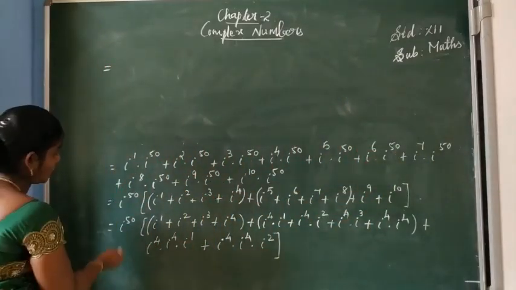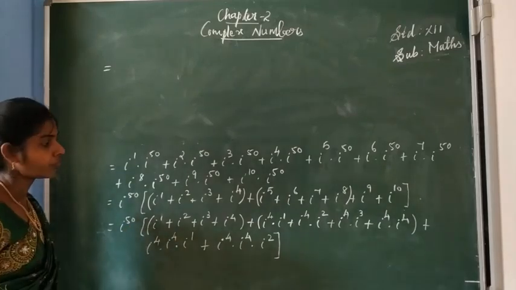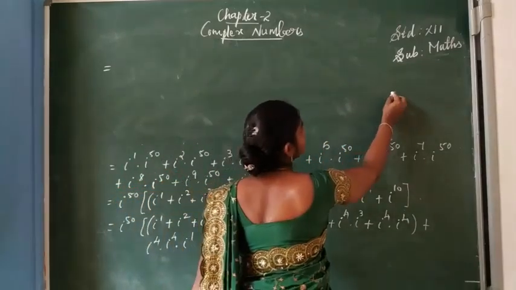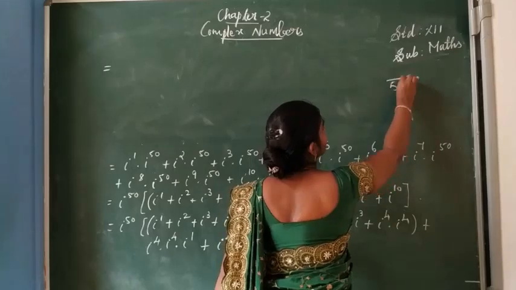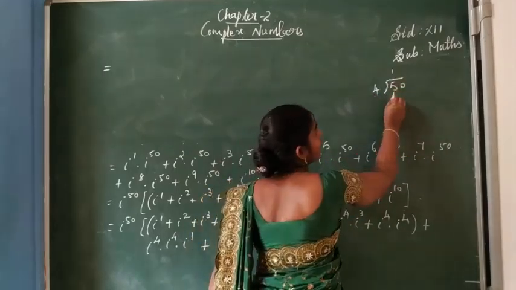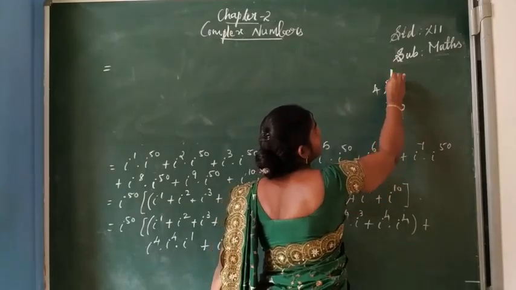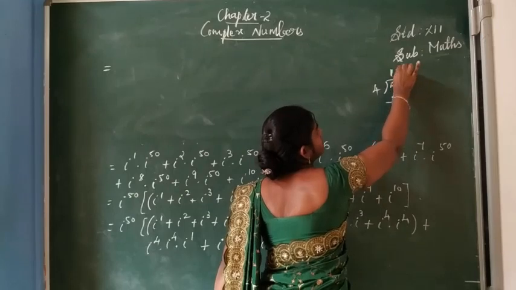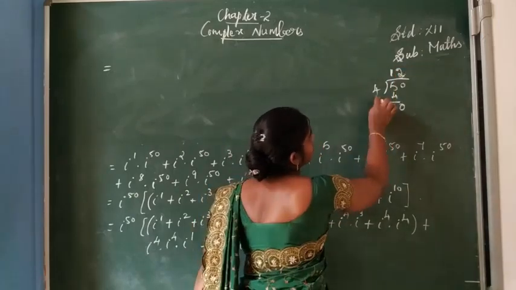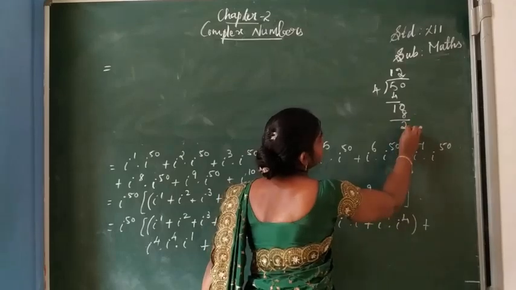So i power 50, we can divide this 50 by 4. 4 1s are 4, 9 to 1, here 0. 4 2s are 8. So remainder 2.